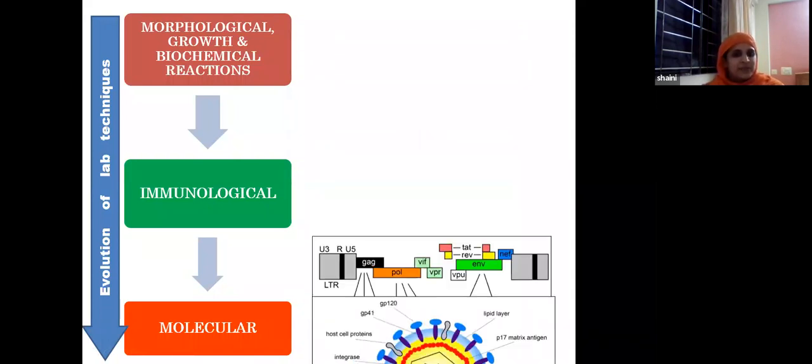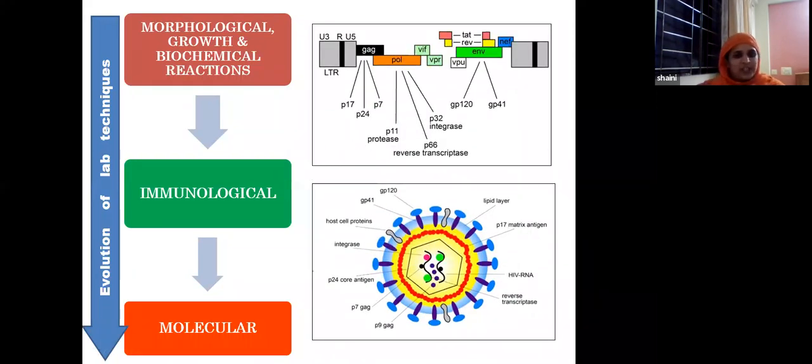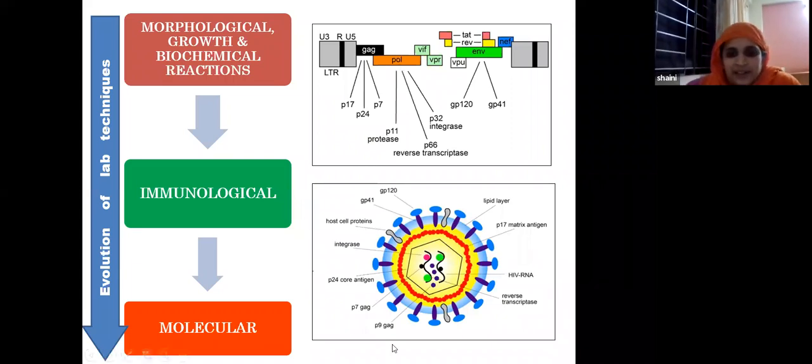Now the next level would be molecular tests. Molecular diagnostics is based on, let me just tell you, this as I said is the structure of an HIV molecule. This is the RNA of the HIV virus, in a diagrammatic form.